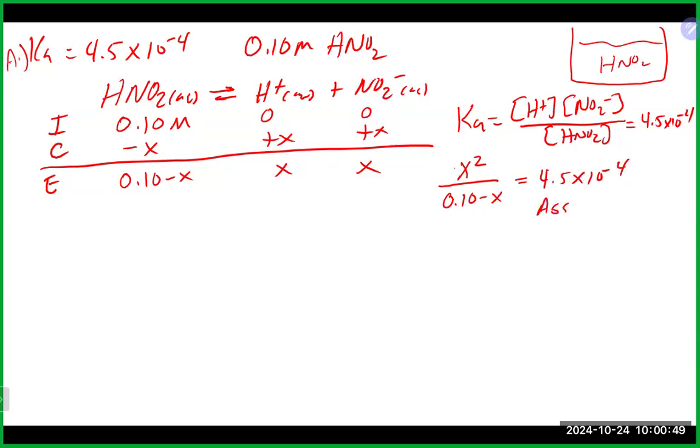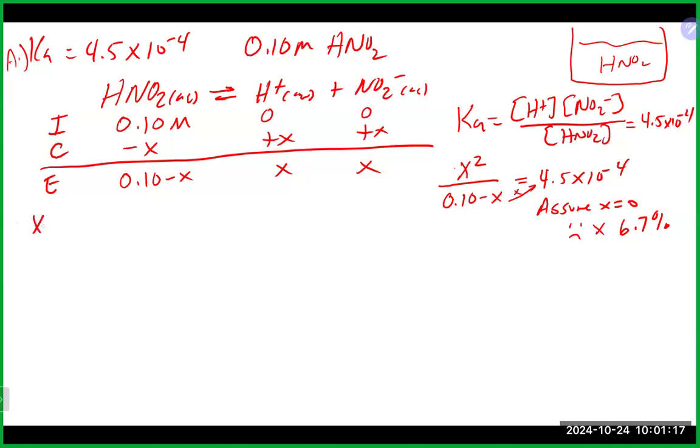We could assume that x is equal to 0. And if you did that, of course you did yesterday, you know that that's a bad assumption because you're at like 6.7%. So you do need to go back and actually solve it a different way, which in this case would be the quadratic.